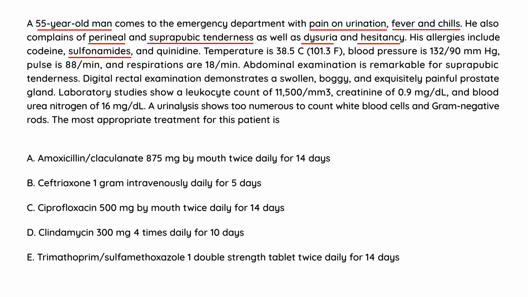Abdominal exam is remarkable for suprapubic tenderness. A rectal exam demonstrates a swollen, boggy, and exquisitely painful prostate gland. Lab studies show leukocyte count of 11,500, creatinine of 0.9, BUN of 16. UA shows too numerous to count white blood cells, and gram-negative rods. Most appropriate treatment for this patient is.